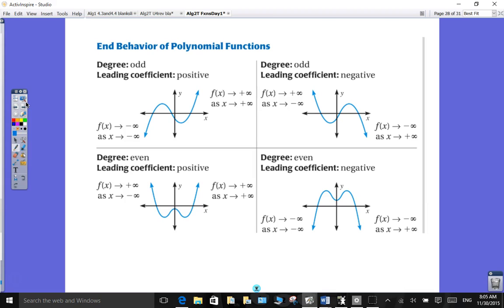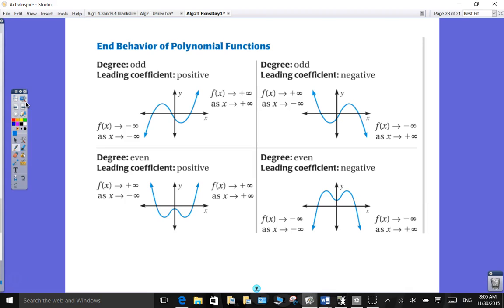What this is telling us is that in general, we don't have to memorize it just for 1 or 2. In general, if the degree is odd, like linear, like this cubic, that means it's going to have an end behavior which is either negative on this side and positive on that side, or positive on this side and negative on that side. Anytime that the degree is odd.